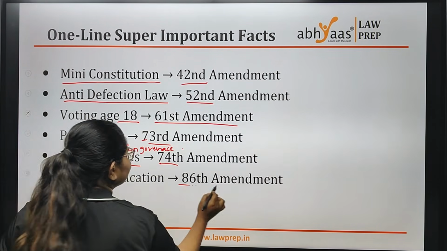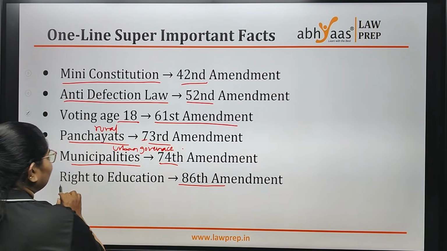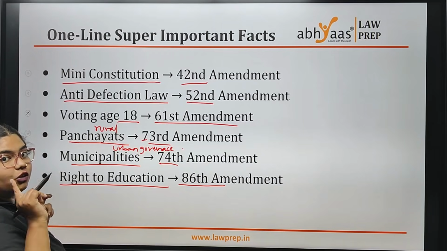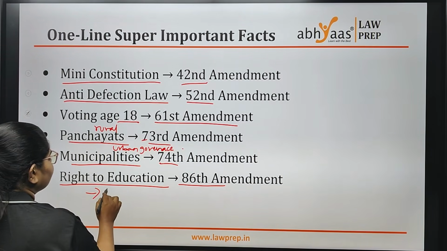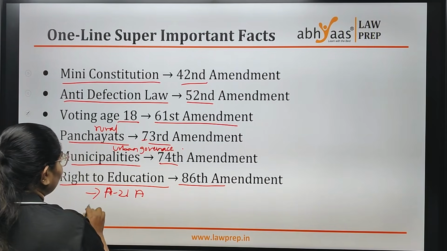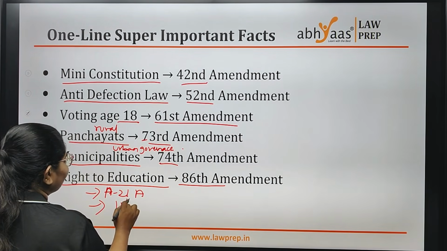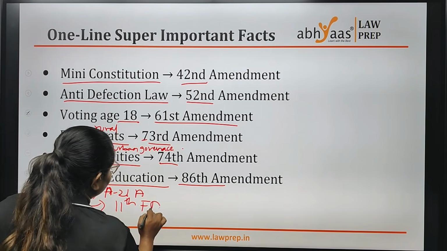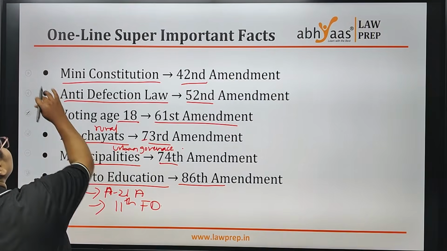Then comes your 86th Amendment, which talks about right to education, which included two things. One is your Article 21A and one is your 11th fundamental duty. This you need to remember.